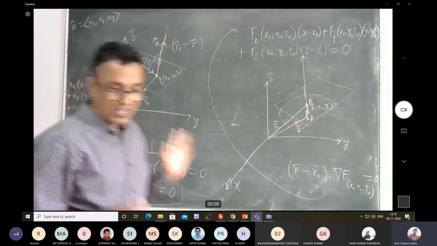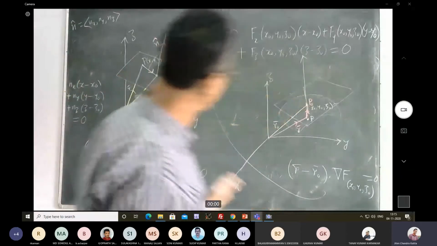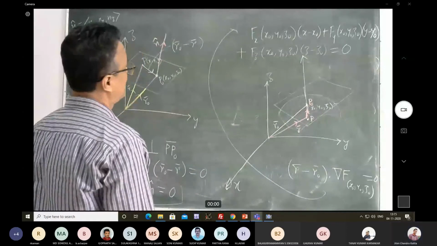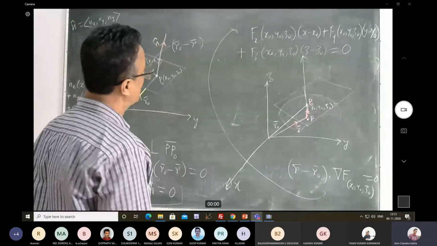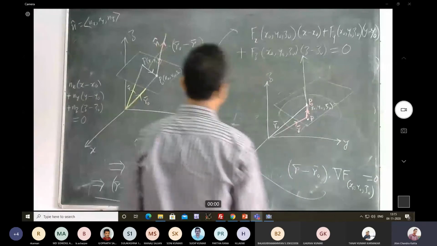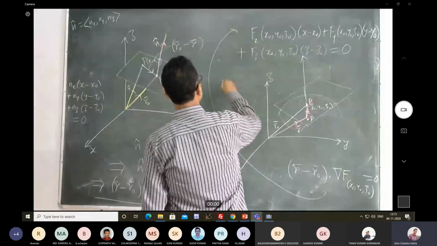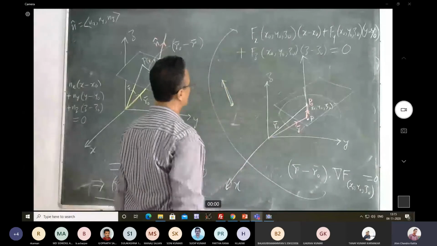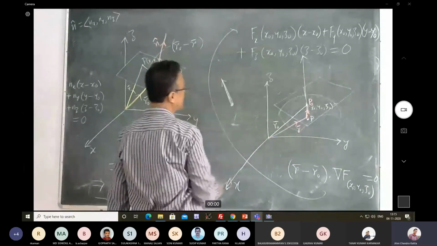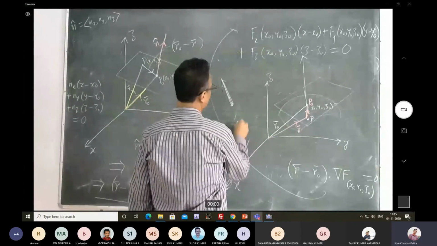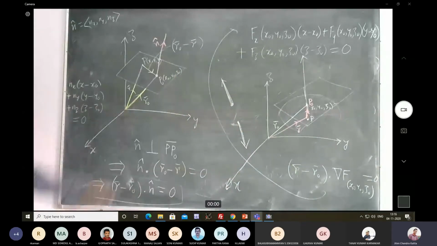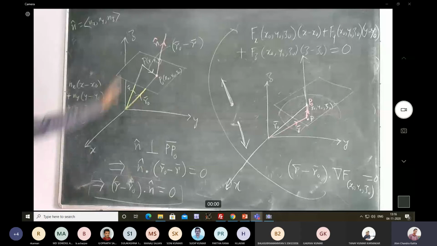And again, there are many things that I would like to discuss, particularly the orientation of this normal, I mean, how it is going to look if it's oriented like this, or oriented like this, because I have seen that students get confused a lot with that. So I'll describe them also.